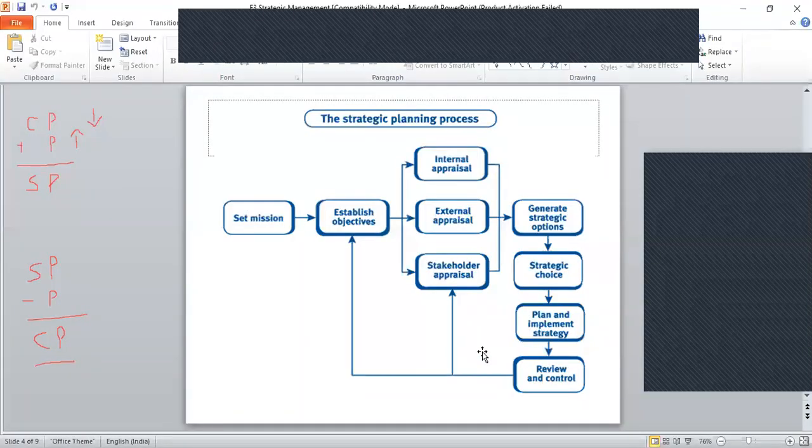After we consider these three things, internal appraisal, external appraisal, and stakeholder appraisal, then this will result in generating the strategic options.